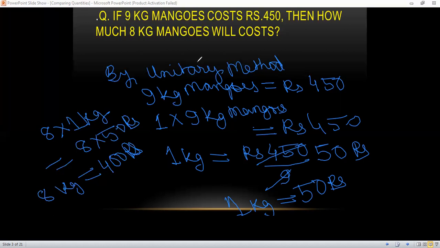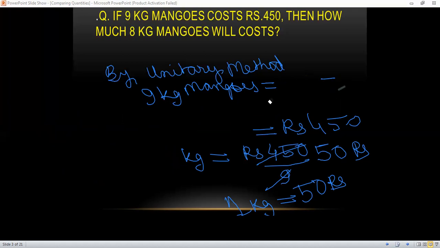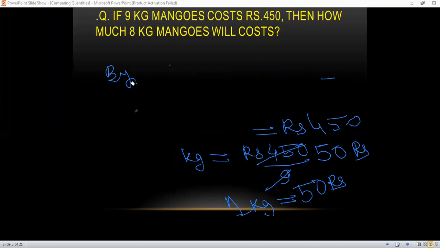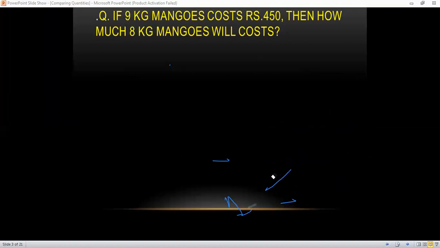Another very simple example I am going to take. Let's suppose you have 10 apples and the cost of 10 apples is 200 rupees. So what would be the cost of 100 apples?